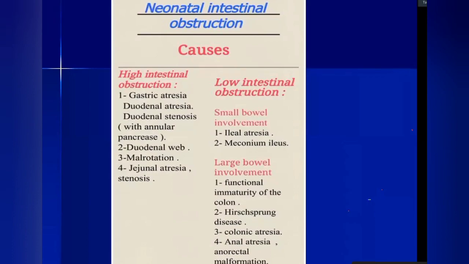Then lower or distal intestinal obstruction: if it involves the small bowel, think of ileal atresia or meconium ileus. If it involves the large bowel, think of functional immaturity of the colon, or meconium plug syndrome. Think of Hirschsprung disease, colonic atresia, anal atresia, or anorectal malformation. So this is how to classify it in general terms.